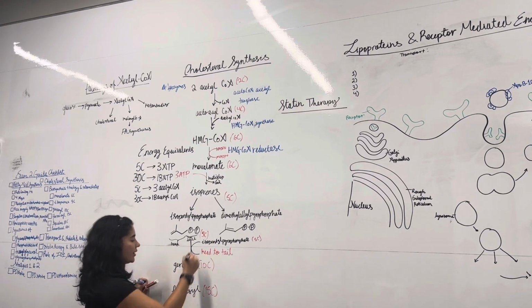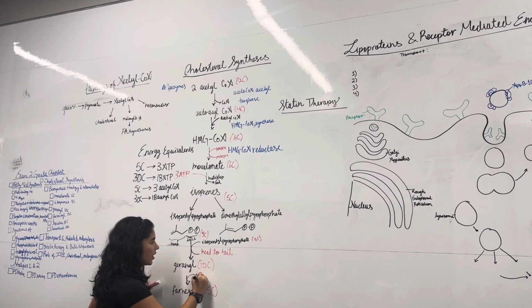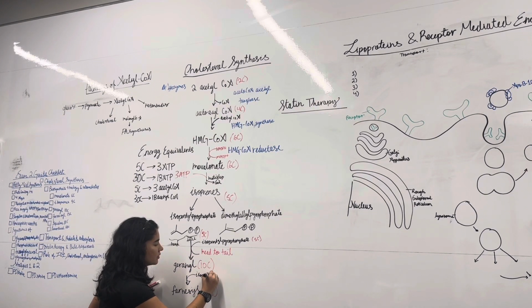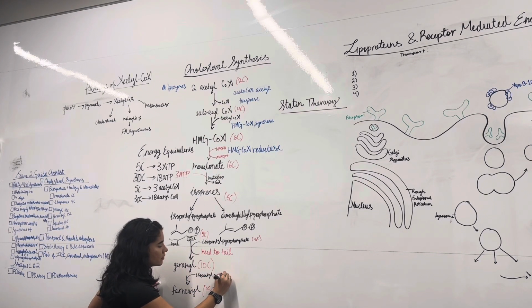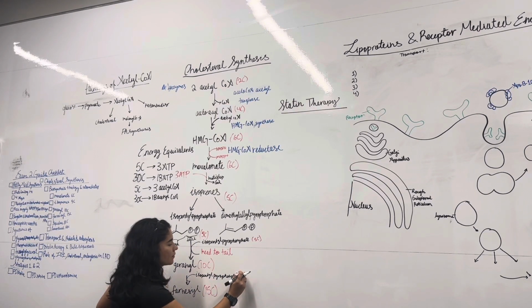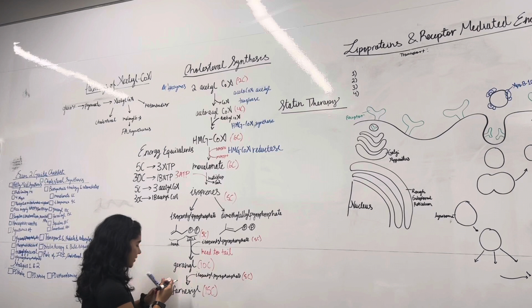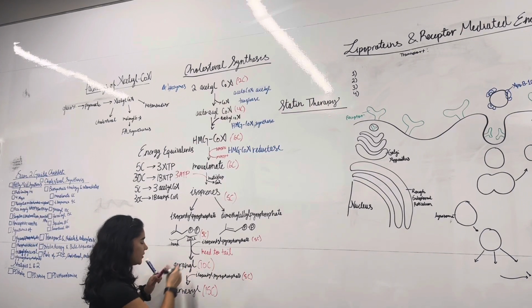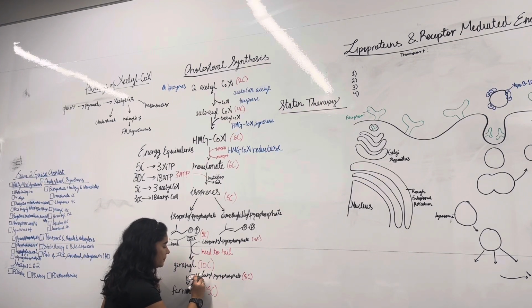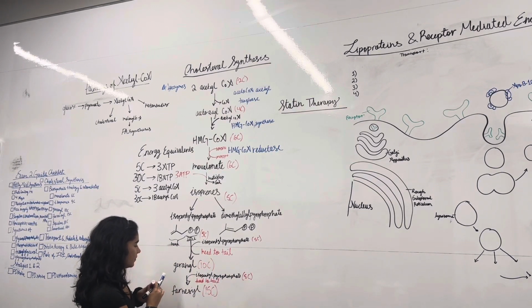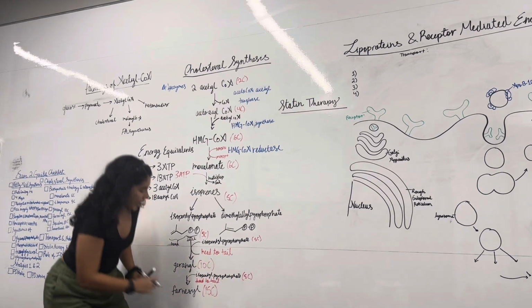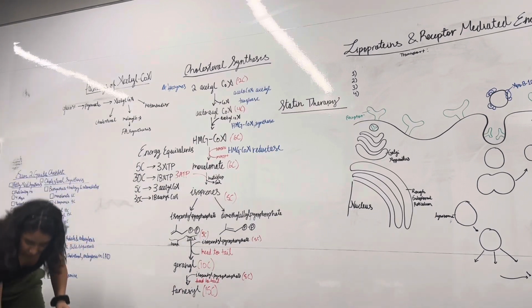So we're basically adding another isopentyl pyrophosphate. And again, this is going to be a head to tail mode of adding the carbon.